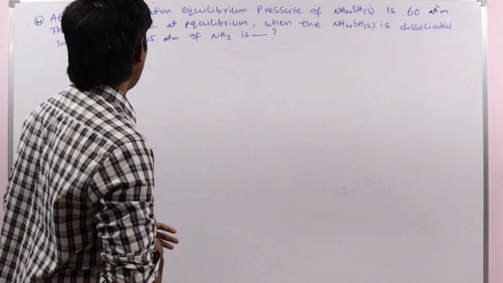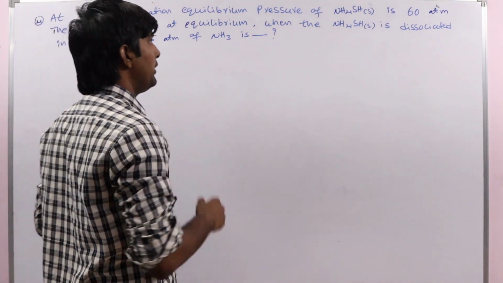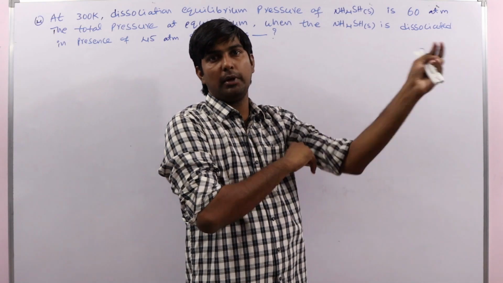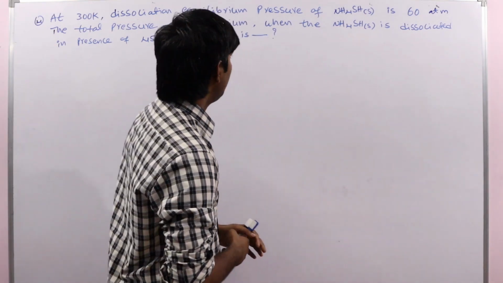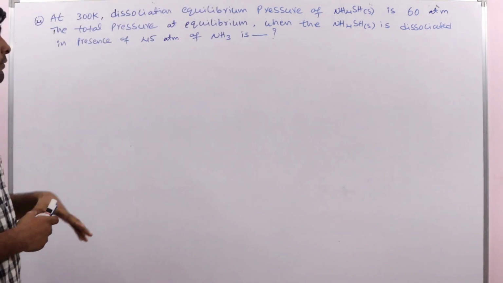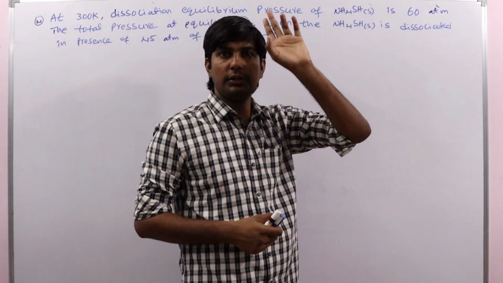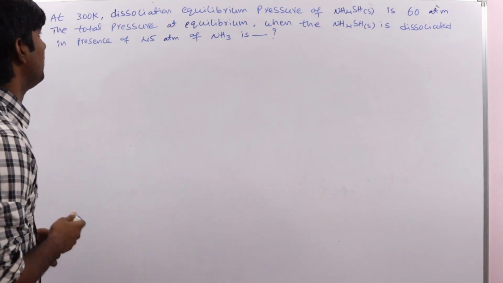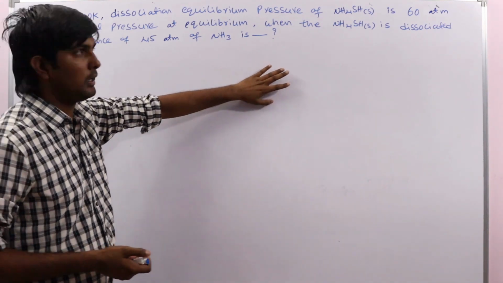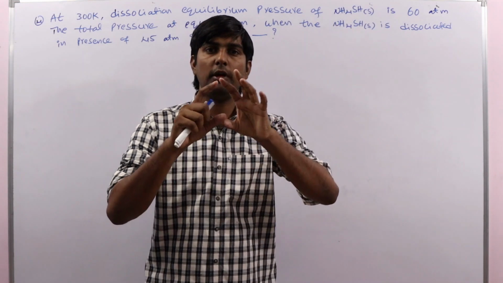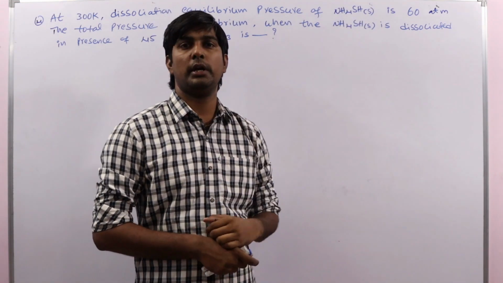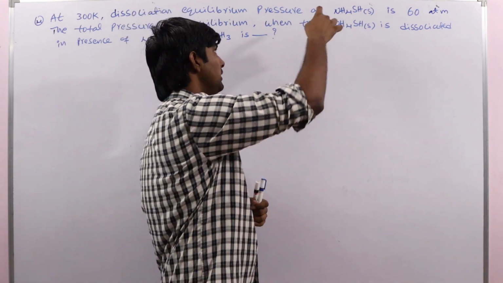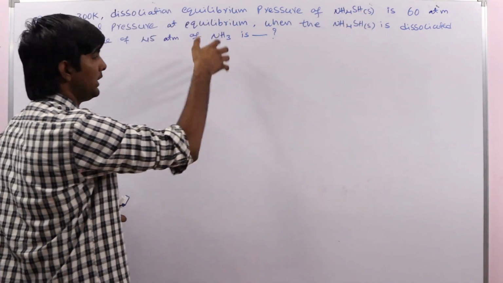Here they have provided the equilibrium pressure of NH4SH as 60 when it is dissociated alone, and they ask you to find the total equilibrium pressure when the same NH4SH is dissociated in the presence of NH3.